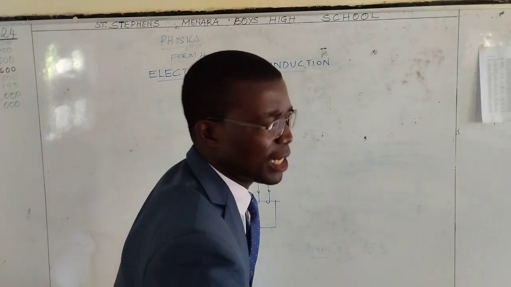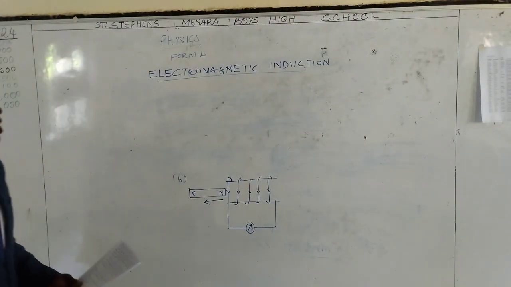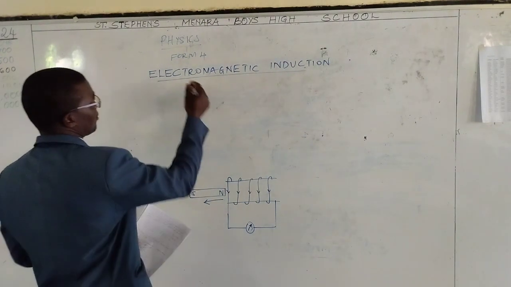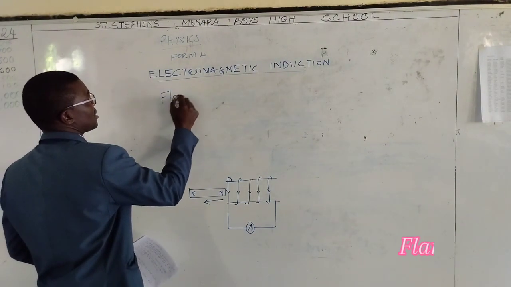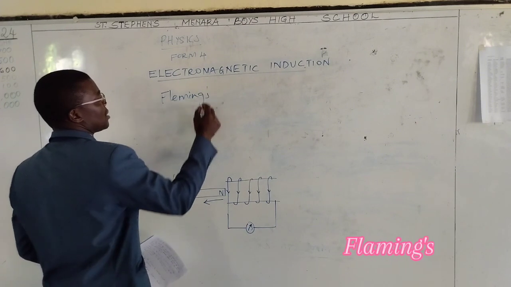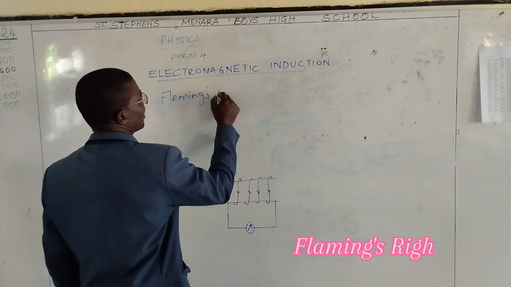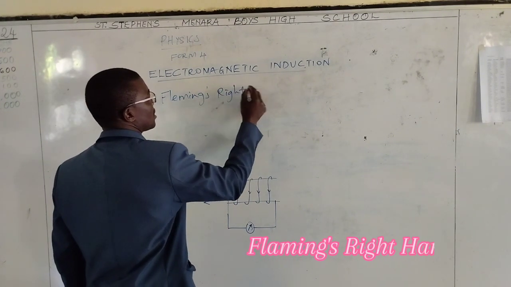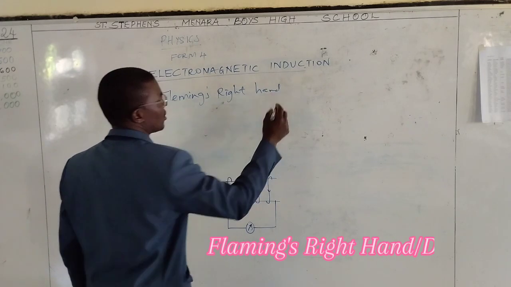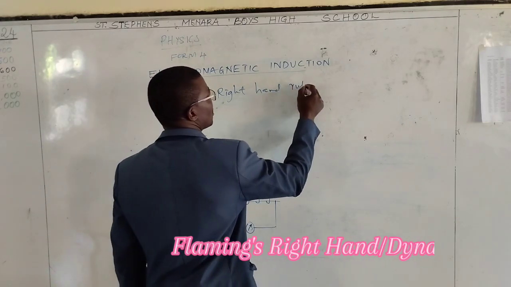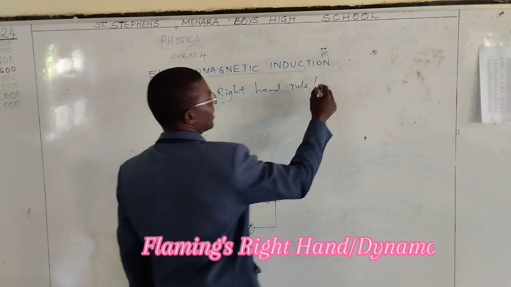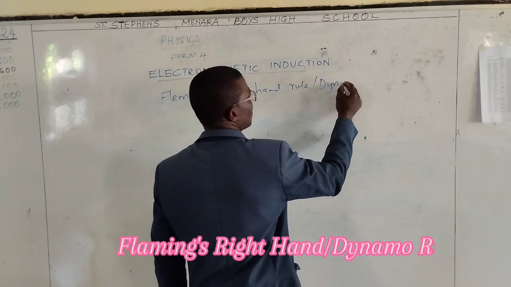In Form 2, we learned about Fleming's left-hand rule. But now in Form 4, Fleming's right-hand rule, also called the dynamo rule.